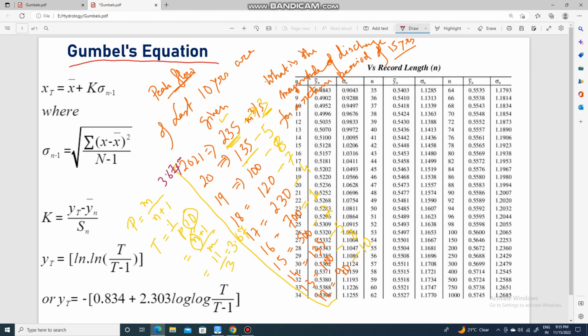This one, fifth position, will have a return period of 2.20 years.